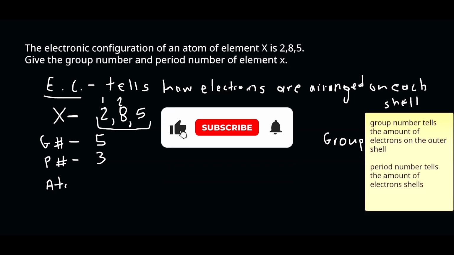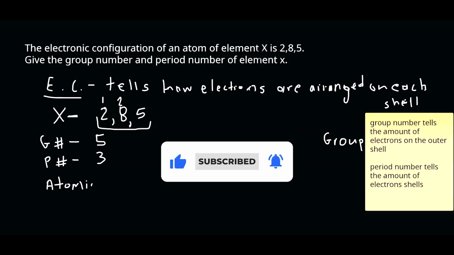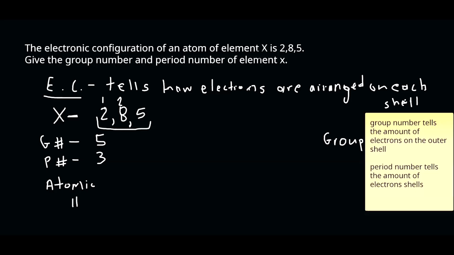So, in a nutshell, the atomic number of element X, because remember, the atomic number tells us the amount of electrons in an atom and it also tells us the amount of protons. So the atomic number is 15. Based on that, what would be the name of element X?